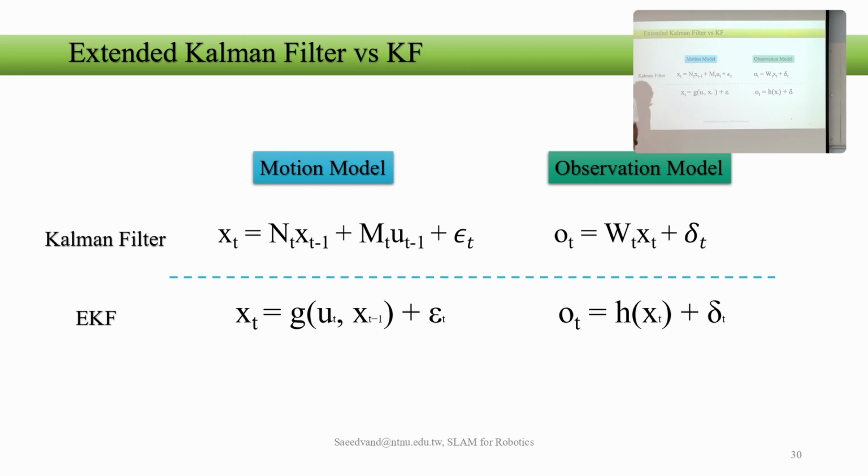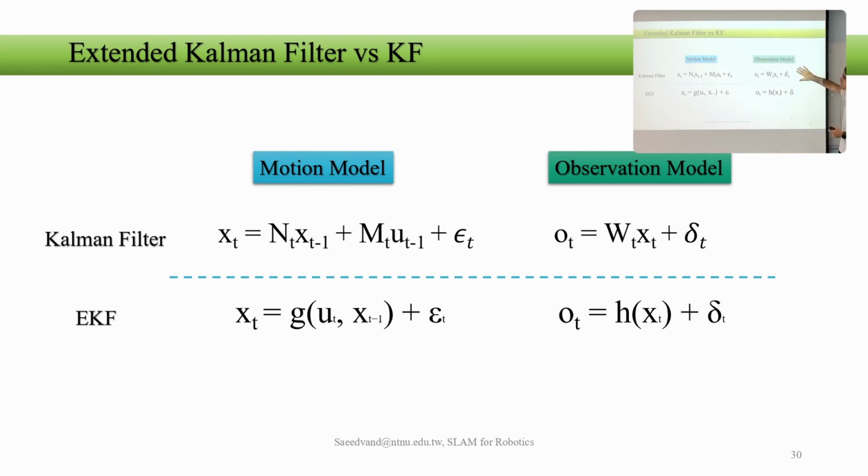So what is happening? Let's have a general look at the differences. We have Kalman filter, and in Kalman filter we were calculating the xt by matrix N and matrix M based on the control command and the previous pose for the motion model. And for the observation model, we were doing it based on xt with matrix W to get the observation, based on the error that we have.